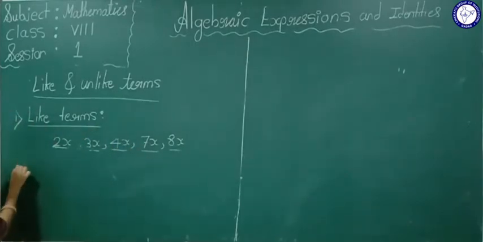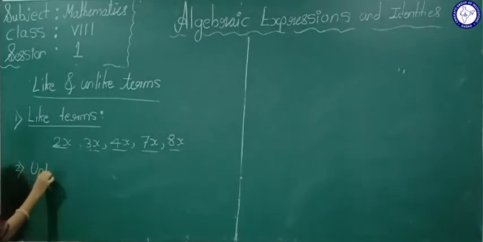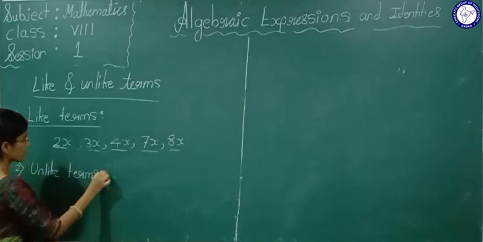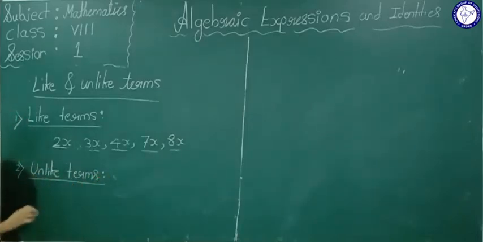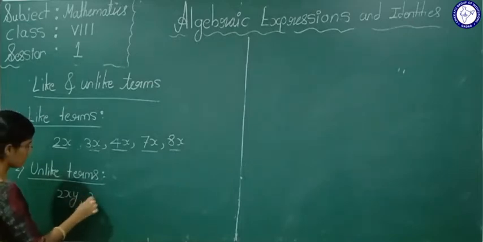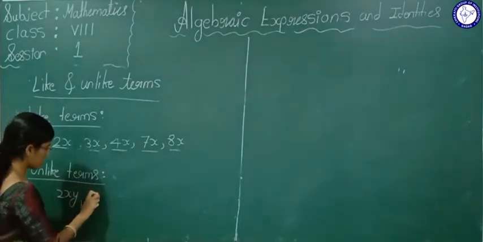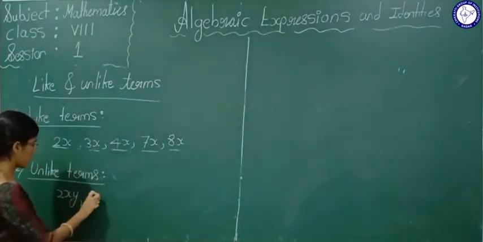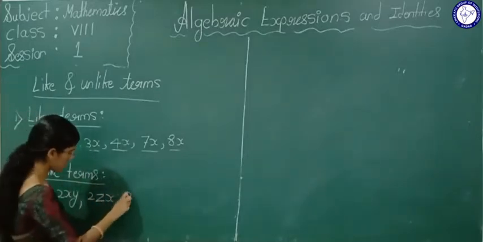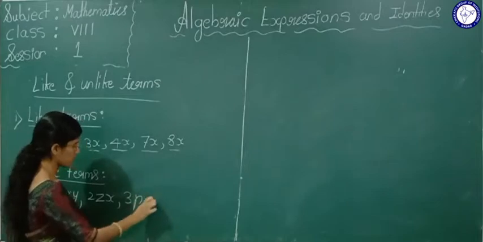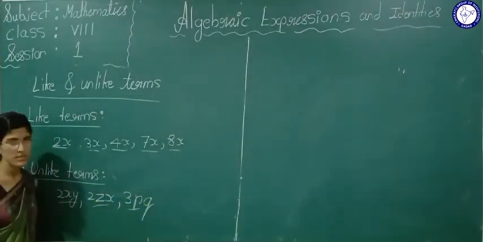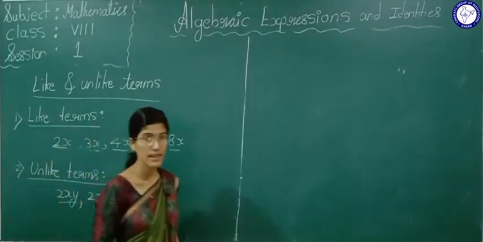Okay, now see what are unlike terms. Now see 2xy, 2zx, 3pq. Now see, terms having different variables are called unlike terms.